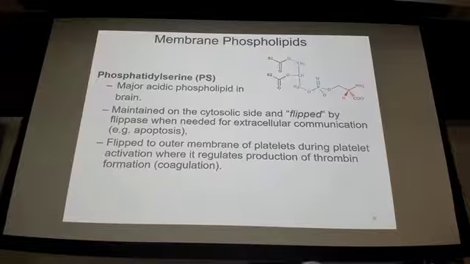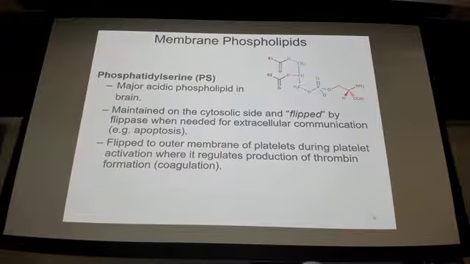Phosphatidylserine is also negative at physiological pH, and it can be found intracellularly or extracellularly. It's also very important in nerve signal transduction, so it's involved in cognitive functioning, memory, and learning.